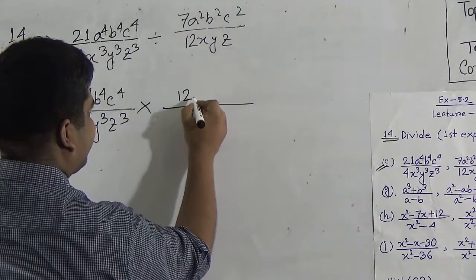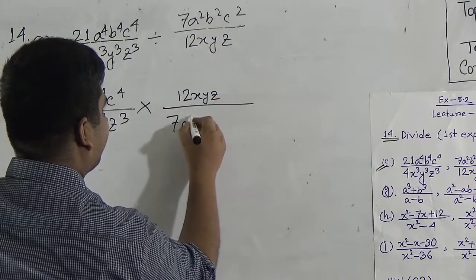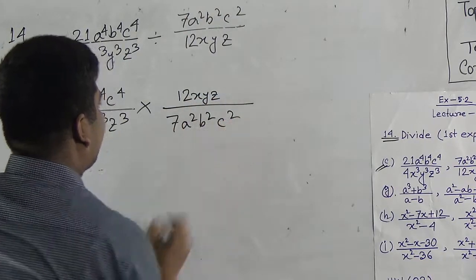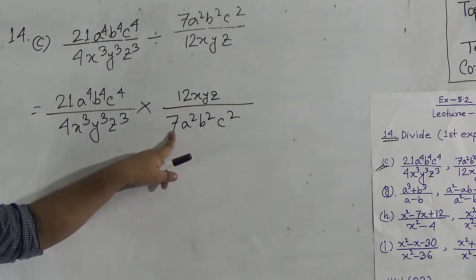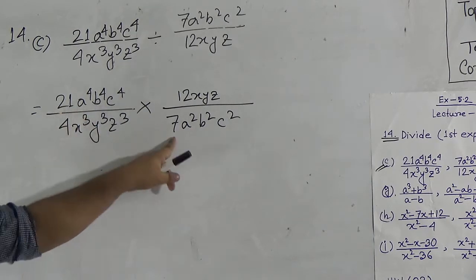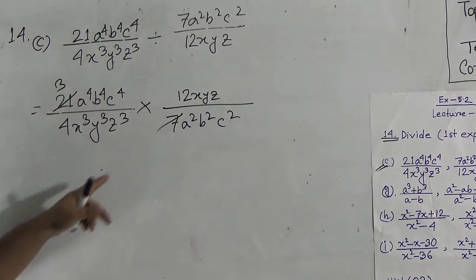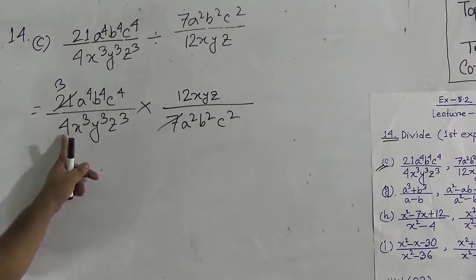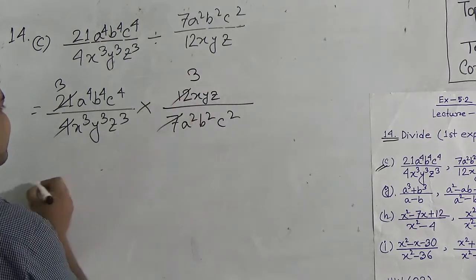That means the denominator will be the numerator and the numerator will be the denominator. Now we cut. My dear students, notice in 21, 7 goes in how many times? In 21, 7 goes in 3 times, so we cut. Next in 12, 4 goes in how many times? 4 goes in 3 times.